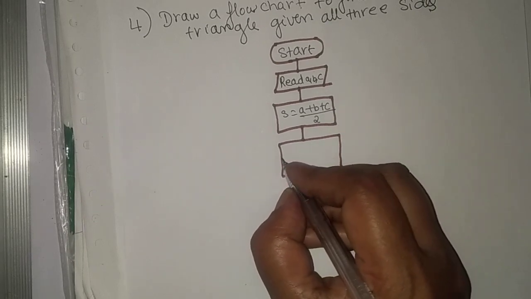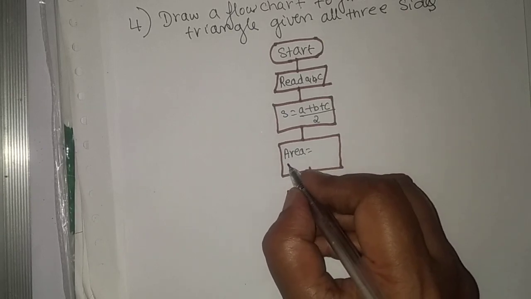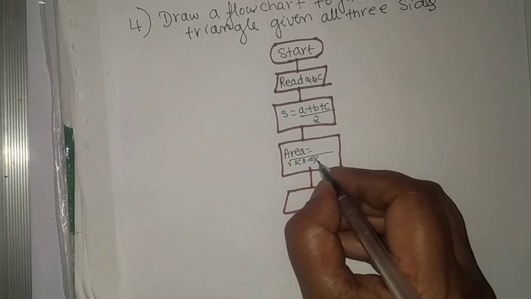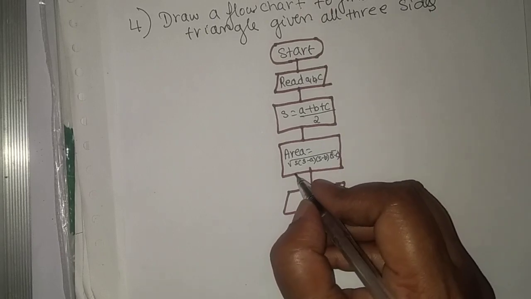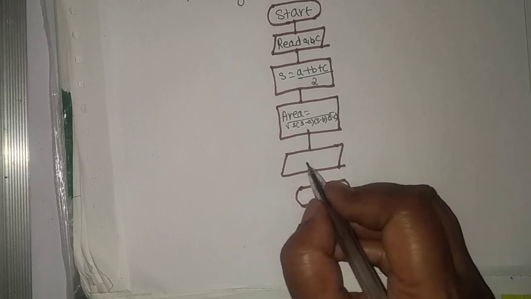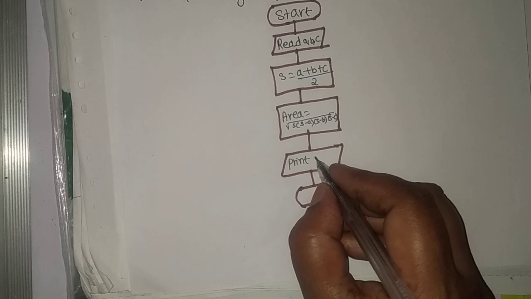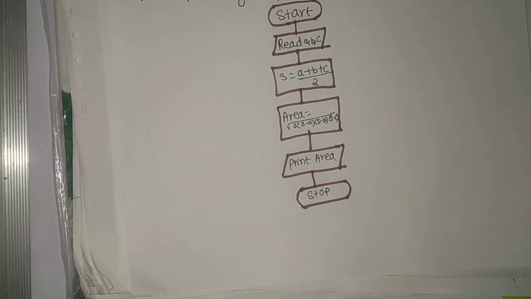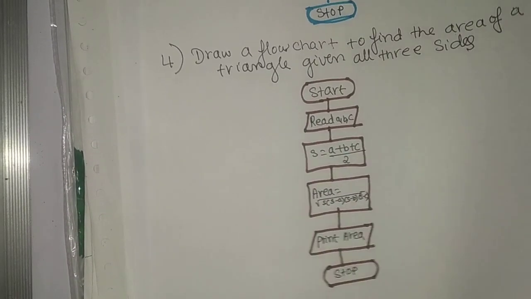Then area is equal to square root of S into S minus A into S minus B into S minus C. Therefore next is print area and stop. So this is calculating the area of the triangle given three sides.